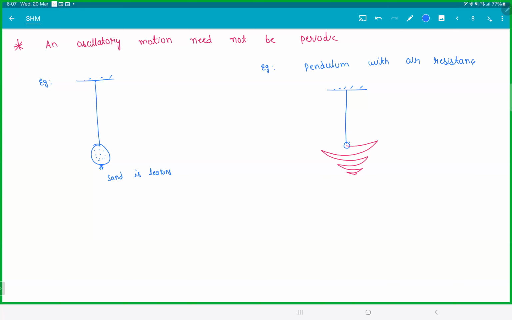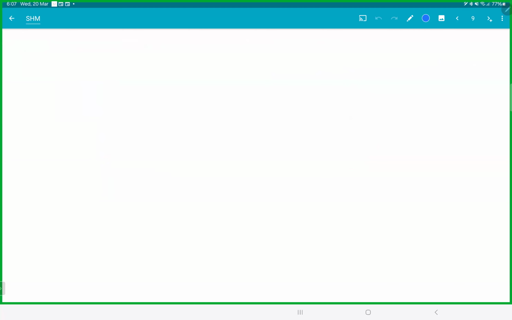Clear? Now, we'll see the mathematical part of this. Now, we said the force is proportional to x. The negative indicates restoring force. So, F is equal to minus kx.